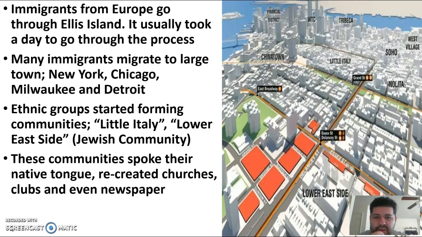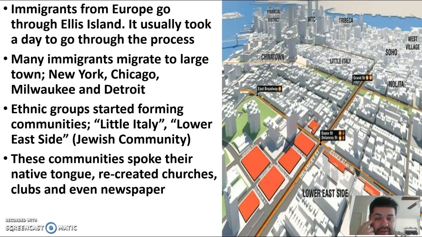Same thing if someone looked like they might be trouble. If someone looked like they might be crazy, they would again quarantine them, hold them, watch them, and let's say this person is crazy or they start getting mad and start trying to fight people, they would send them away. But if everything went well, they let them in the country.